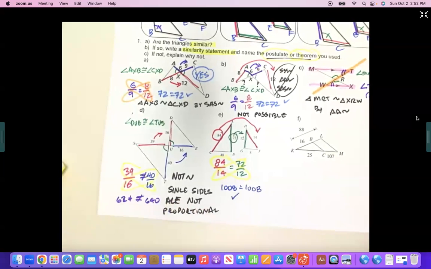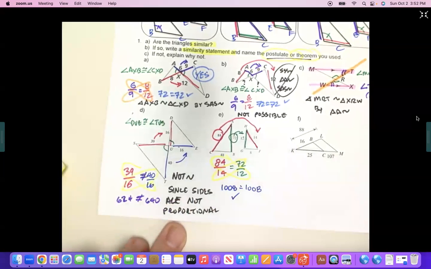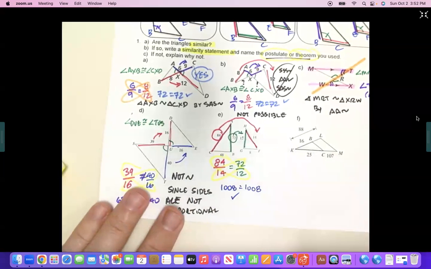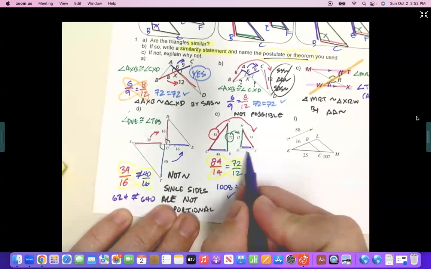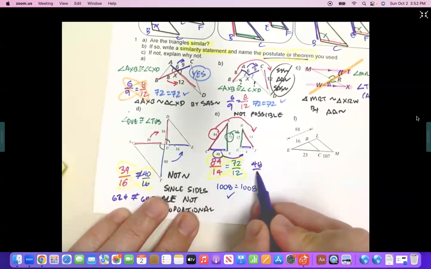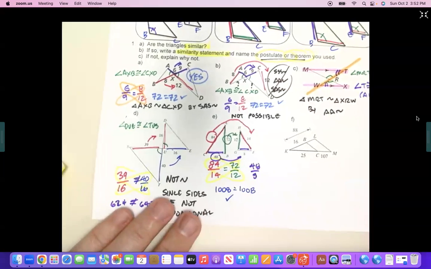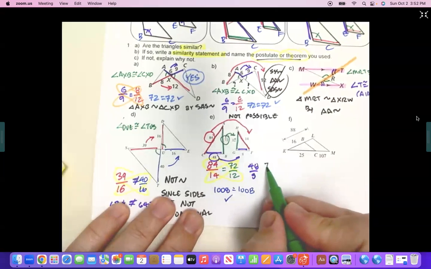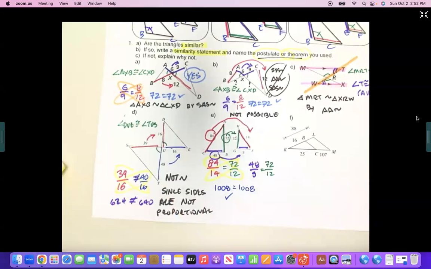Therefore, this checks out. Now we have to be sure that we don't stop here. We have another set of sides that we need to verify are proportional. We need to check 48 is to 8, and I'm going to choose the 72 is to 12. I could have easily chosen the other one, doesn't matter.